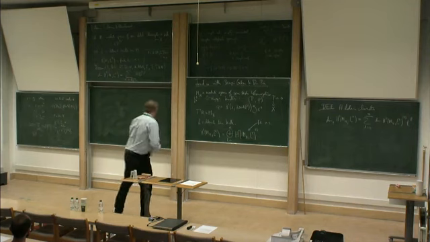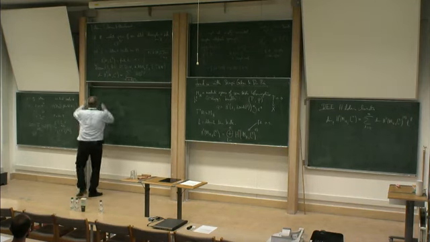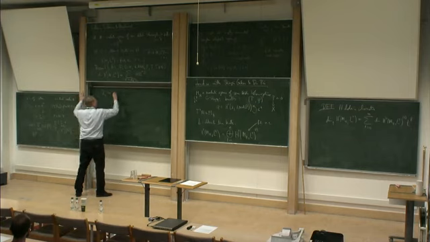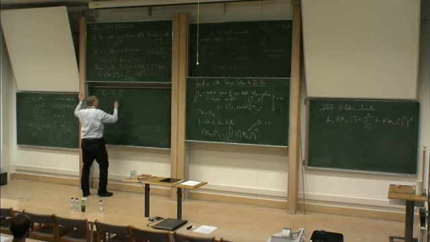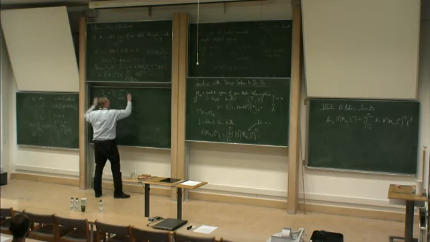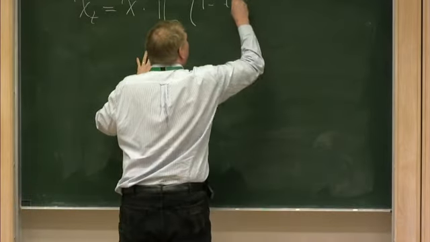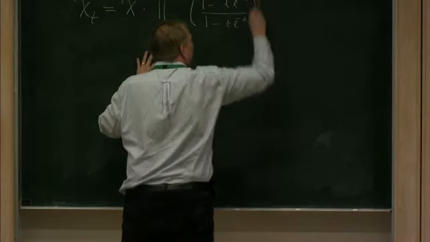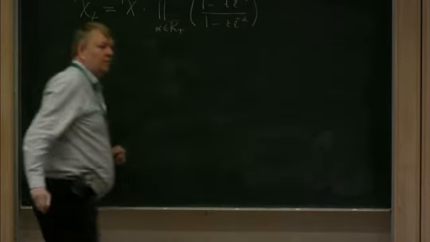So the first thing we deform is the map chi. So we've deformed chi to be chi times the following gadget. You take the product over all the positive roots, and then you take 1 minus t e to the alpha divided by 1 minus t e to the minus alpha, to the alpha.